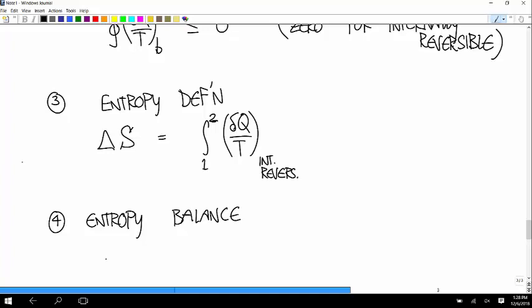And that says that the change in entropy is equal to this integral from state 1 to state 2 of dq over t around the boundary plus sigma.